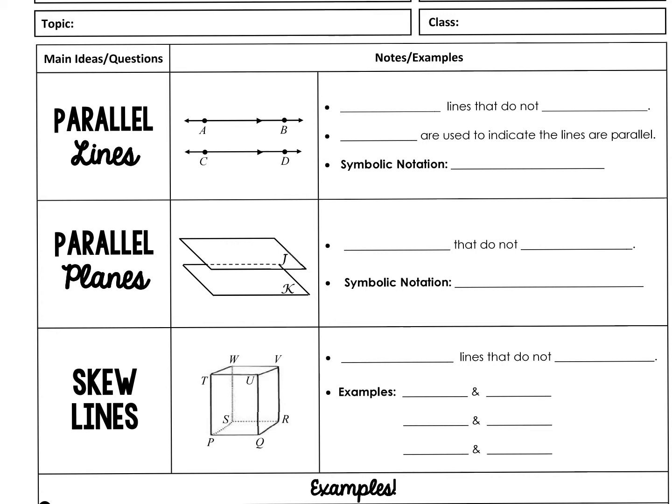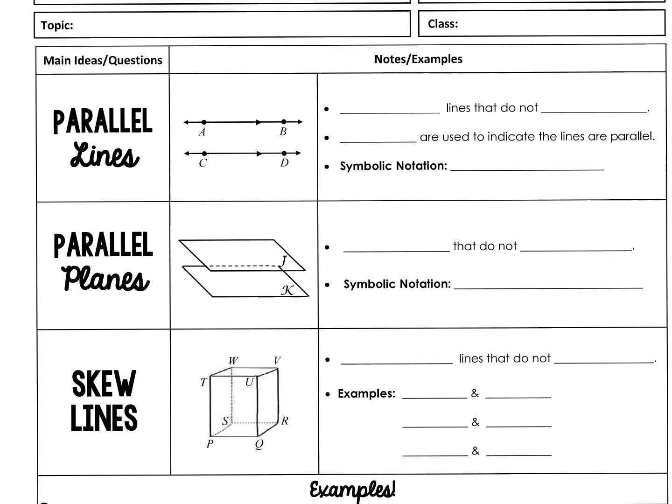Okay, so we're starting out with just some basic definitions. Parallel lines are two coplanar, meaning they exist on the same plane, lines that do not intersect. Arrows are used to indicate that lines are parallel.